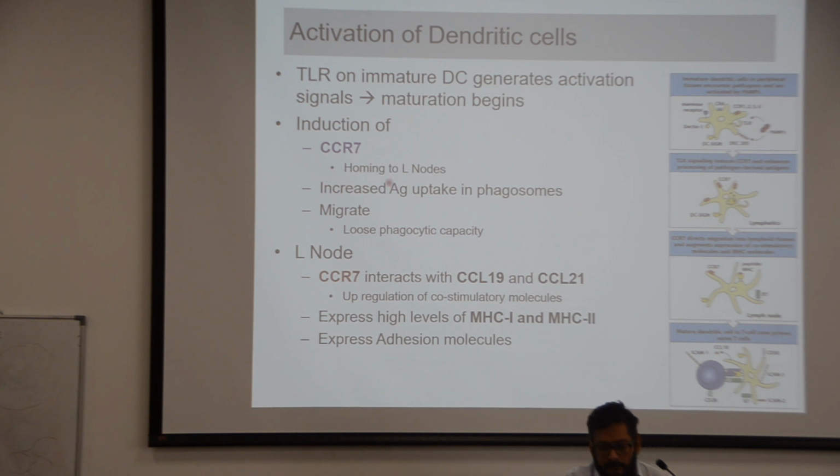While they're homing, there's increased antigen uptake in the phagosomes and they lose their phagocytic capacity. We discussed all of that. Within the lymph node, the CCR7 interacts with the chemokine ligand 19 and 21, which is present there. And this also induces more expression of MHC class 1 and 2 for them to primarily help in carrying out stronger antigen presentation.